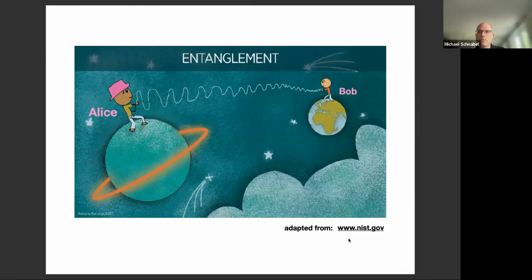Okay. So I assume no other question. Then let's go to the second part, entanglement. Entanglement is often described by looking at two quantum particles. They are called Alice and Bob.